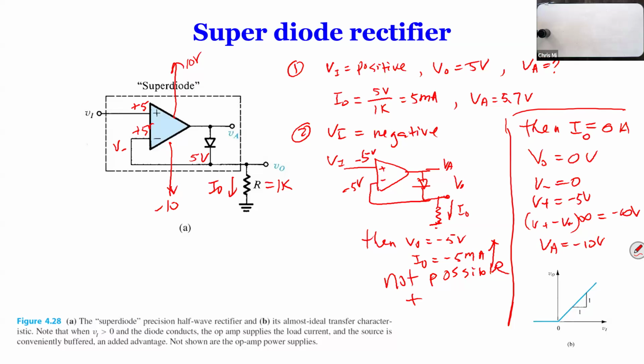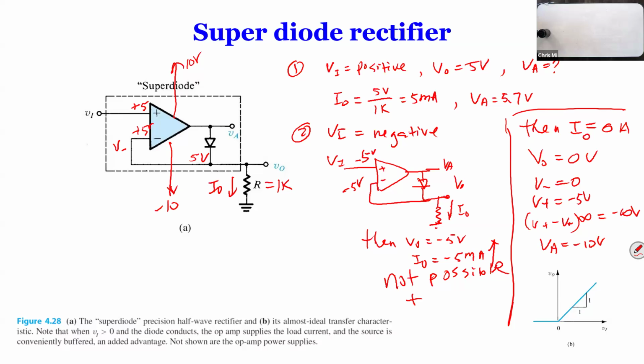And the output property we plug in here is that if Vi is negative, output VO is 0. If Vi is positive, output is the same as the input. So this is a very interesting phenomenon.